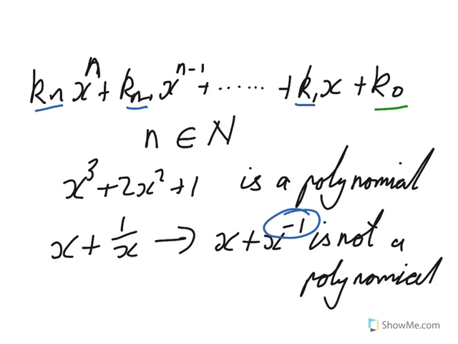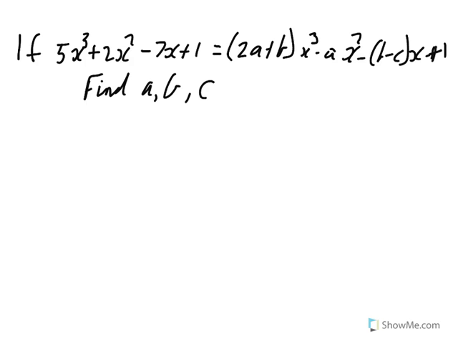Alright, there are some other things we can do with polynomials. We can equate them, for example. Let's have a look at an example. So we've got 5x cubed plus 2x squared minus 7x plus 1 equals (2a plus b)x cubed minus ax squared minus (b take c) in brackets x plus 1.